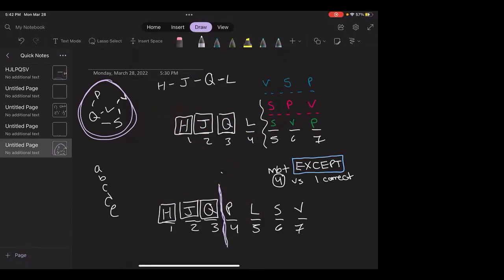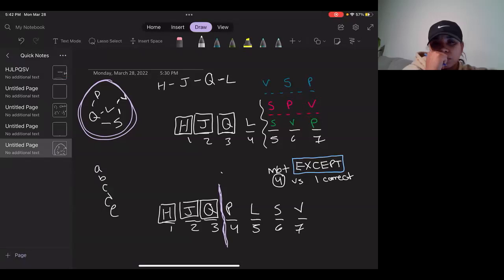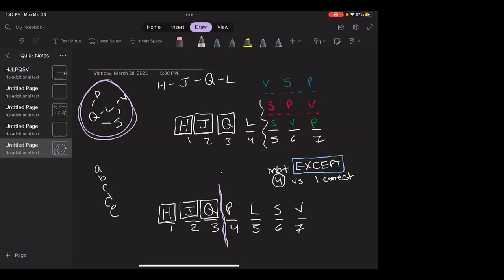So in this case, if you take HJQ as is, 1, 2, 3, given what we know from our previous conditions that we have from our main setup, and implementing this Q before L, you have Q is now before P, L, and S, right?